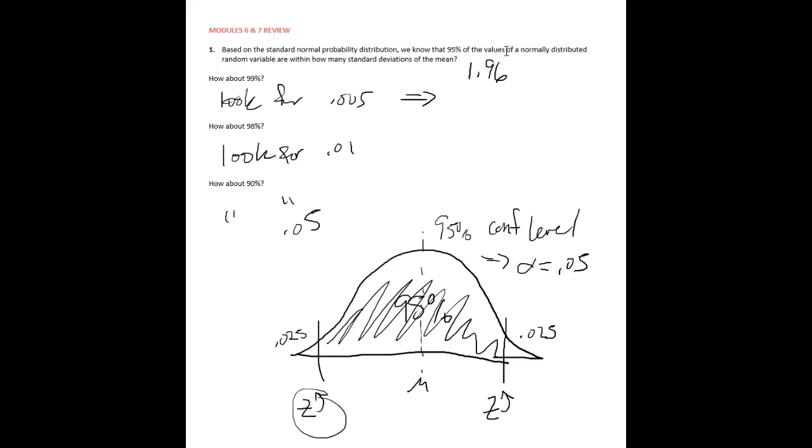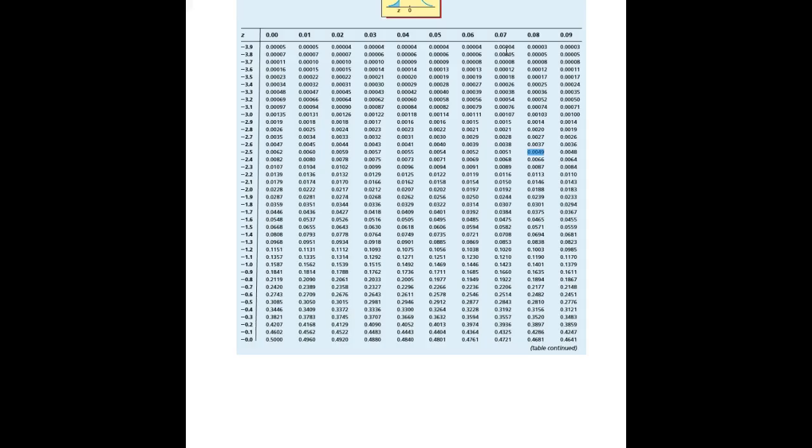I'll just put implies 2.58. We're just going to be using positive numbers here. Now 98%, so we're going to be looking for 1%. Start here, walking down, 0.0107, passed it, and passed it here. 0.099, looks good. 2.33.